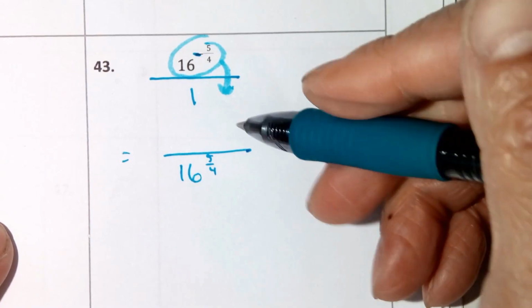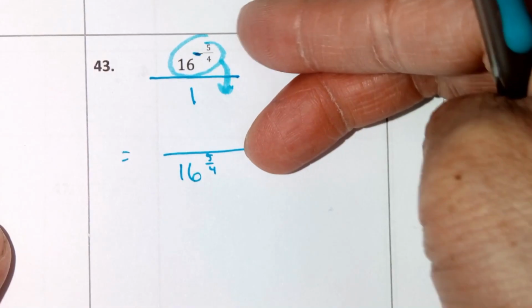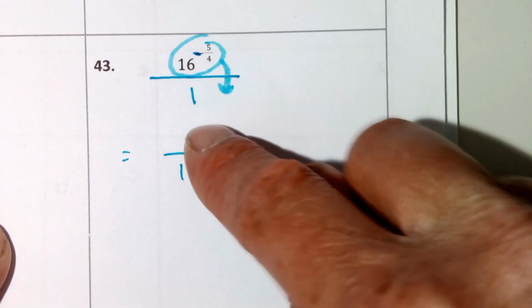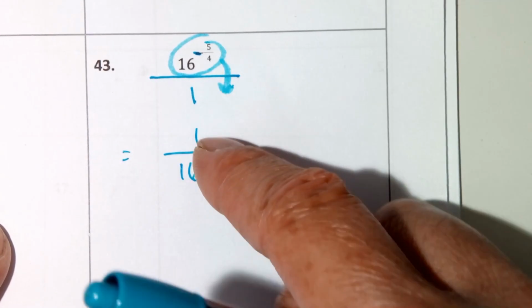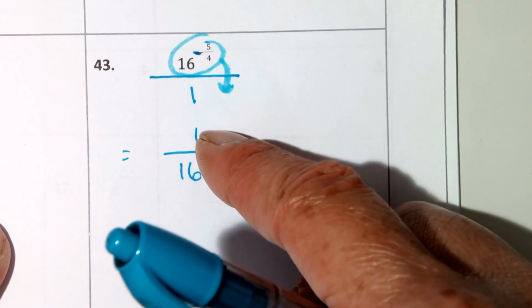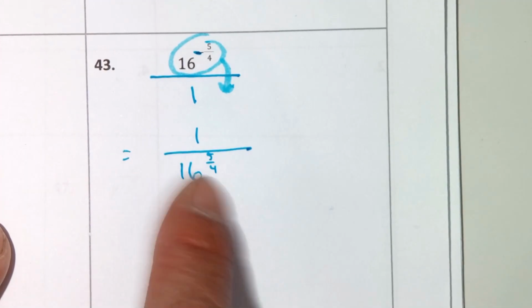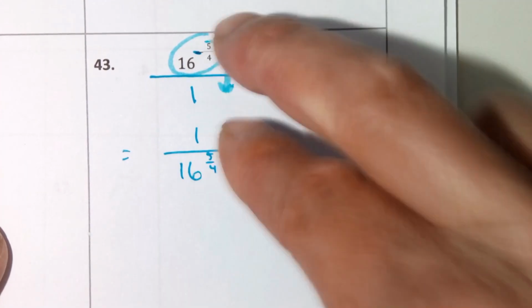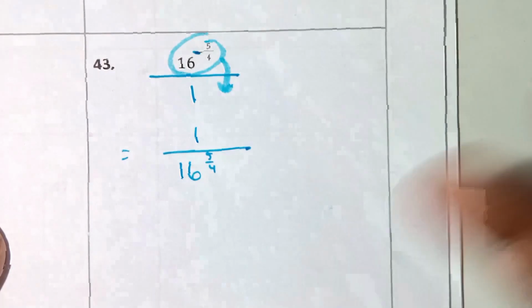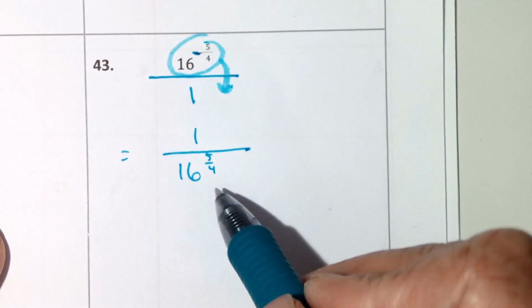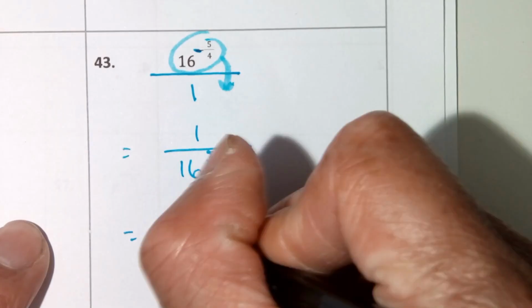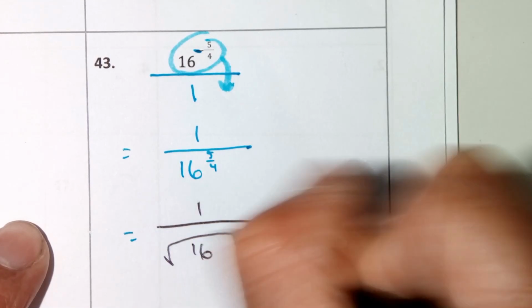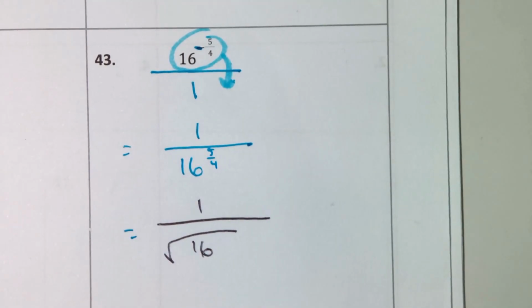Now we've left the negative sign off, so that's gone now. And the 1 is there just to prove to you that there's something left there. So that 16 to the 5/4 is not just on the top of the fraction anymore. Okay, so 16 goes now in the radicand.